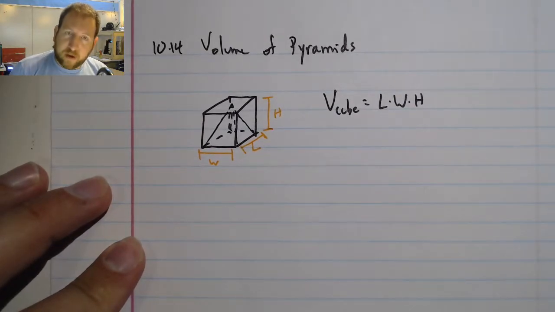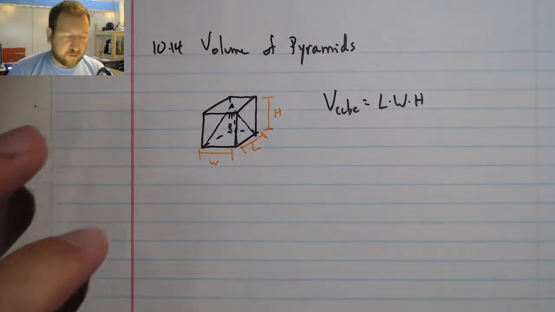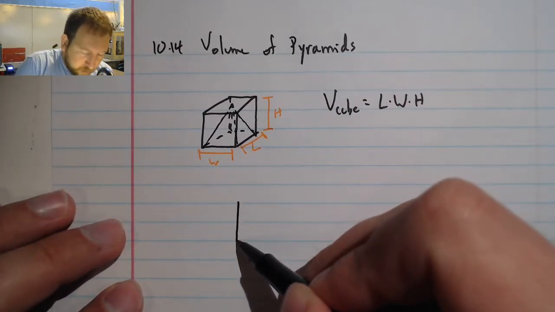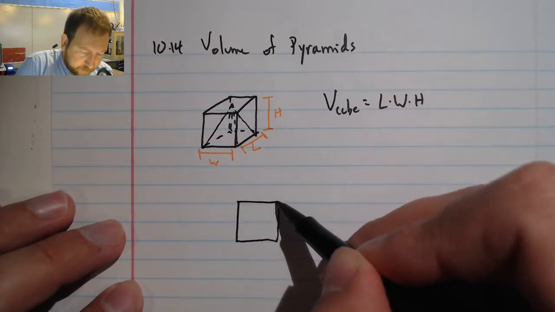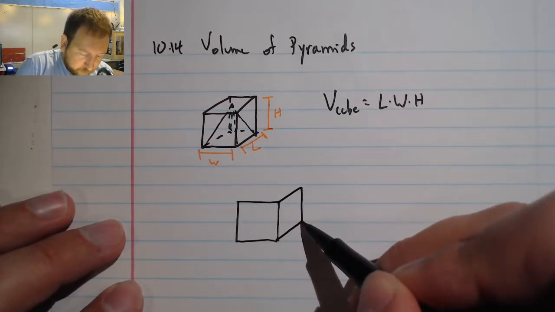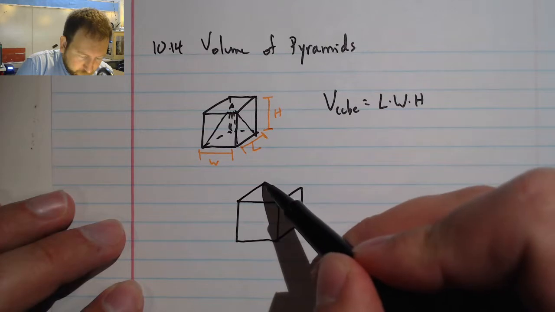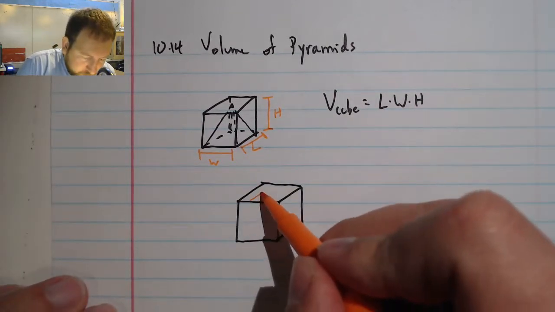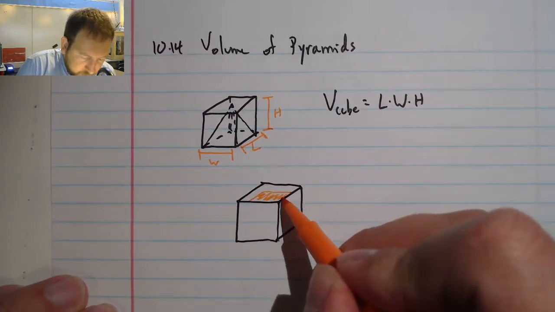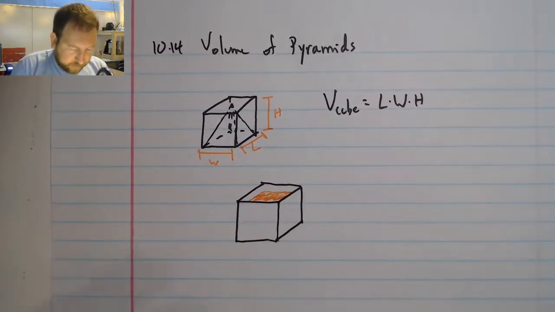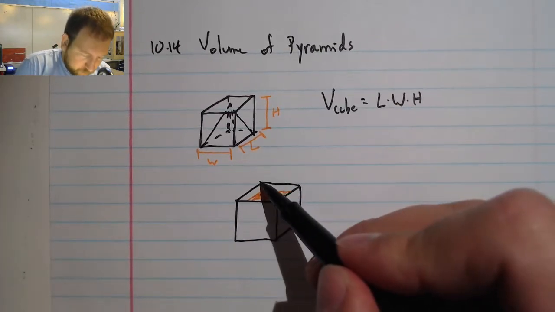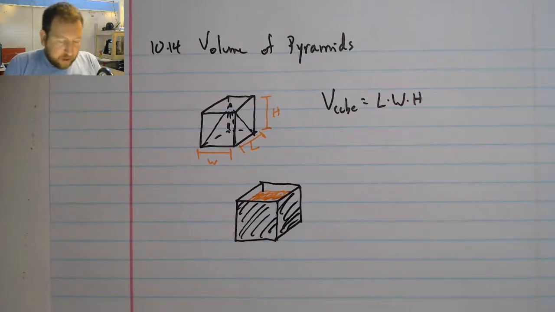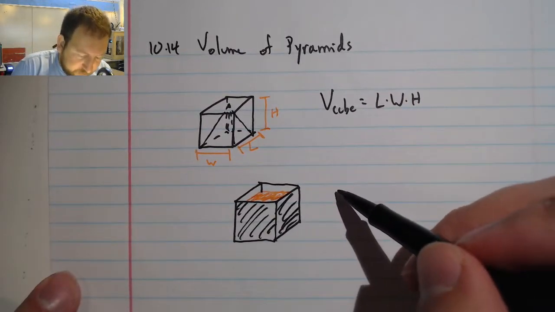There's a really cool example you can do with some manipulatives, where you take a cube, or a cup that is a cube, and you fill it with water on the inside, if that makes sense. And this is colored on the outside. And you have a pyramid that fits exactly inside.